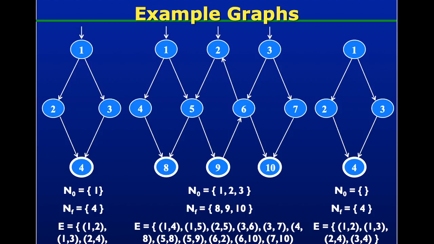Node 1 is the initial node, represented with the arrow above it, and 4 is the final node, represented with the thick outline of the node itself. At the bottom, you can see the information laid out thoroughly, with N0 and Nf as well as E representing which node connects to which node.